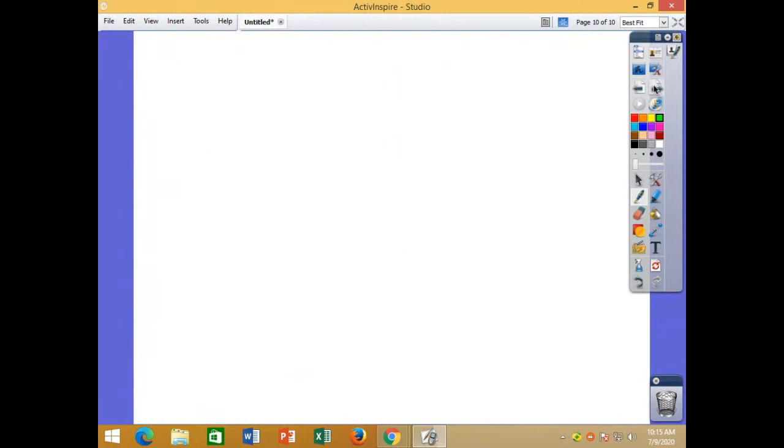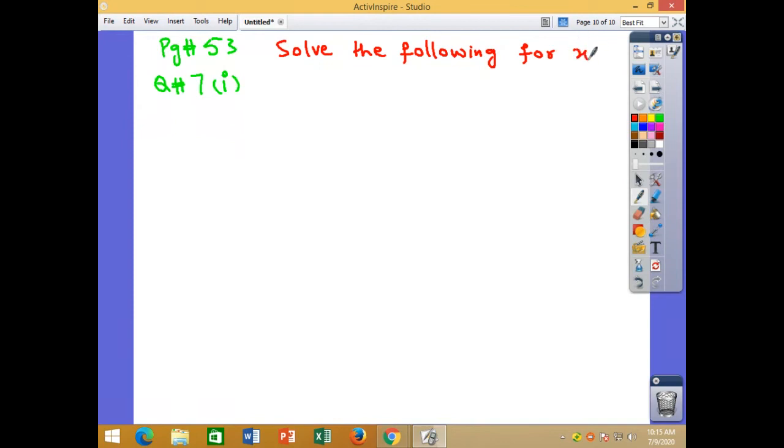Question number 7 is a very important question, on page number 53, question number 7, part number 1. Here question number 7 is: solve the following for x and y.